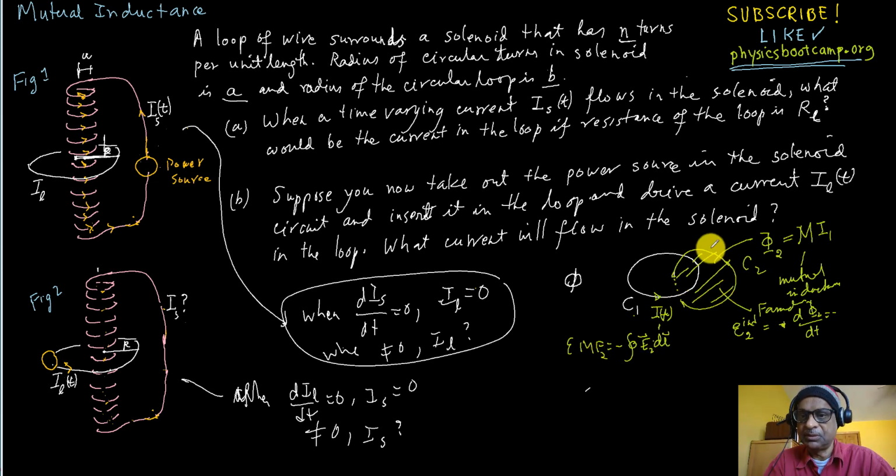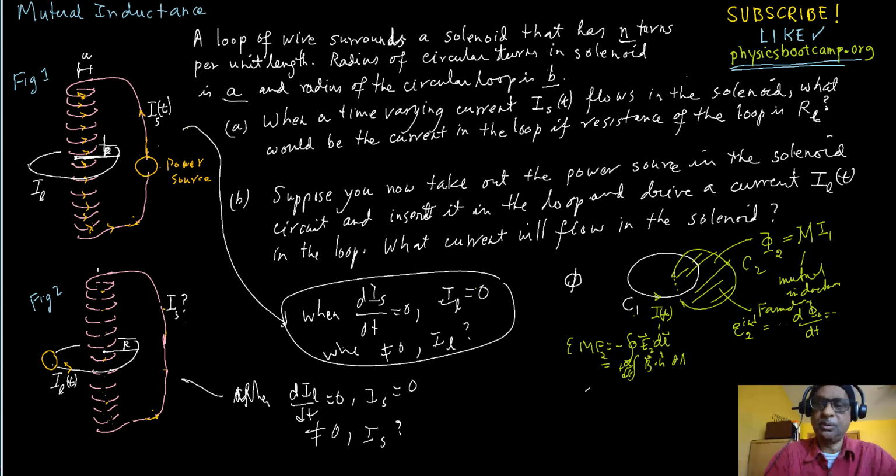You go around this loop and integrate, and that's equal to, if this is minus, then this is plus, d/dt of the integral of B dot n-hat dA. I don't want to put a negative there because we're following a convention in which we do this.